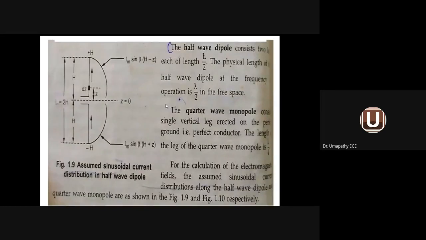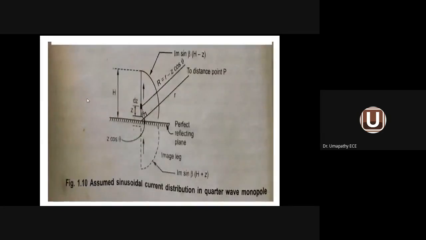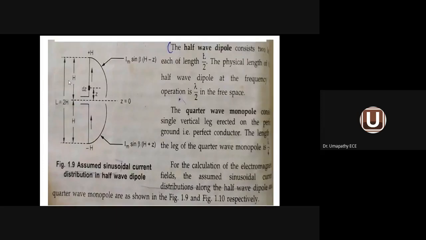And you can see the diagram here. Dipole I have placed here. Dipole means double poles will be there. This is pole 1 and this one is pole 2. And this one is the center of the antenna or axis of the antenna. The total length is L. That means one pole element is L by 2.